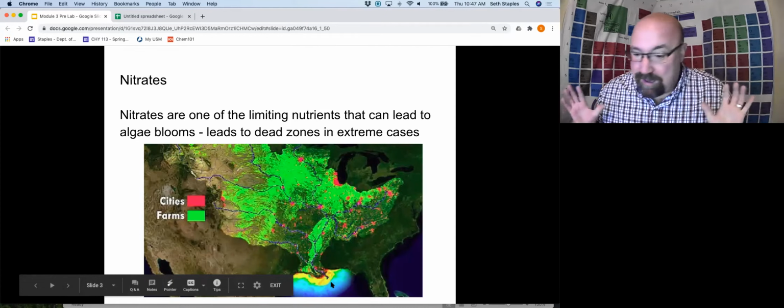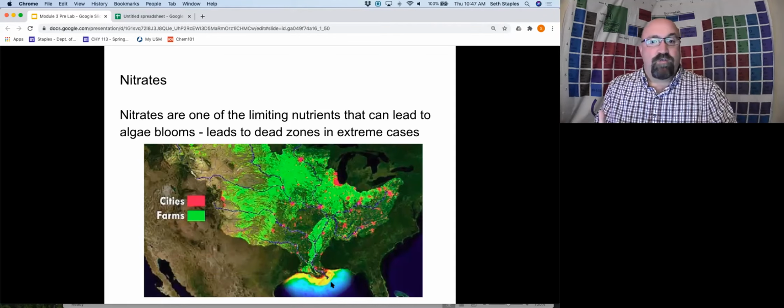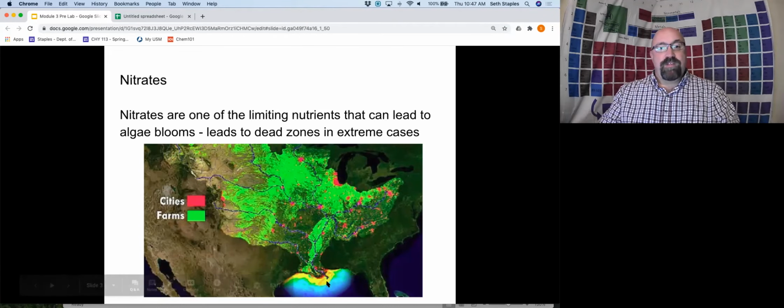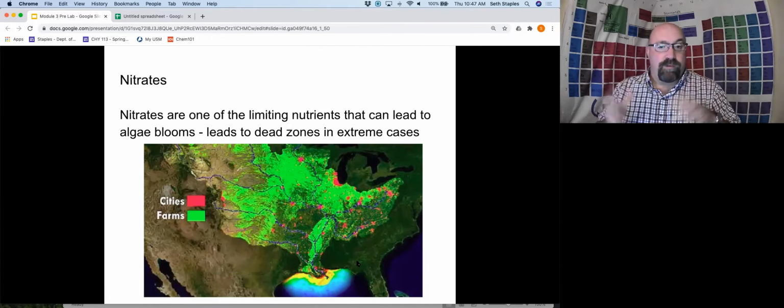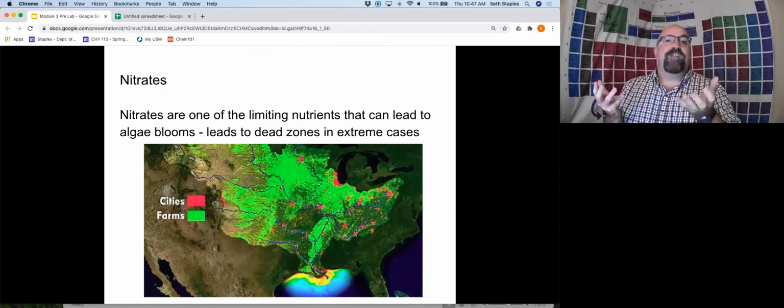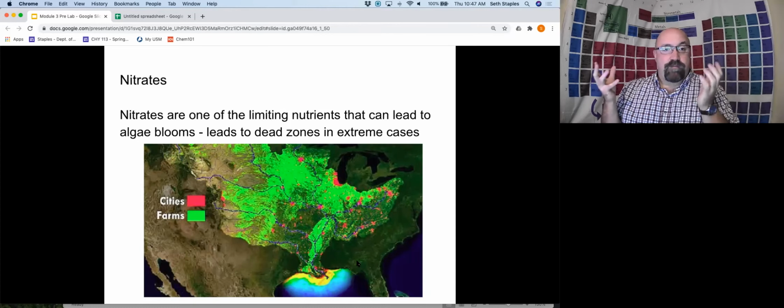Along the way, picking up lots and lots of different nutrients. And we end up with this huge dead zone within the Gulf of Mexico that pops up at certain times of year when things are filtering in. And so that's an extreme case. It's certainly not what we're seeing here, but it is a result of things like nitrates and how they can then filter into a water body.